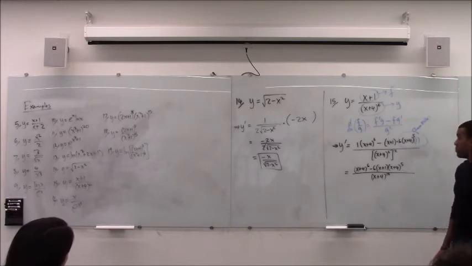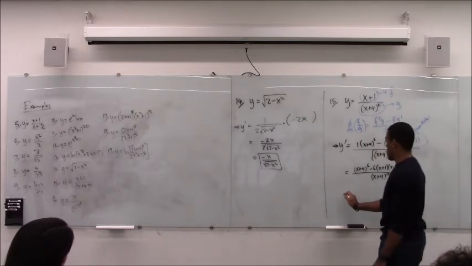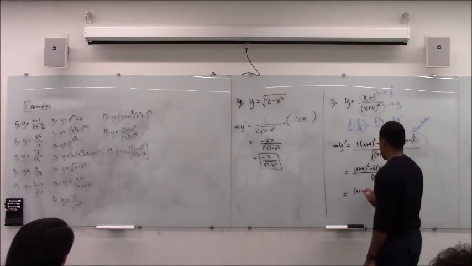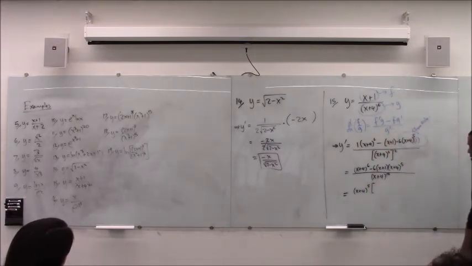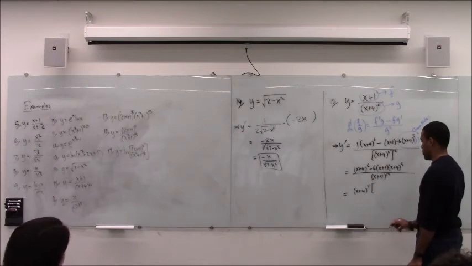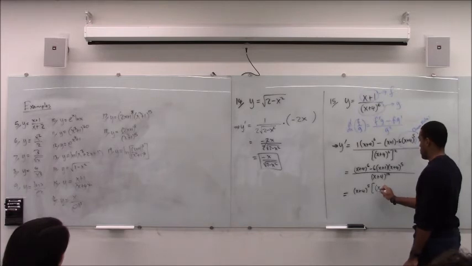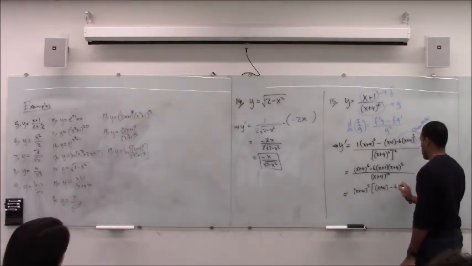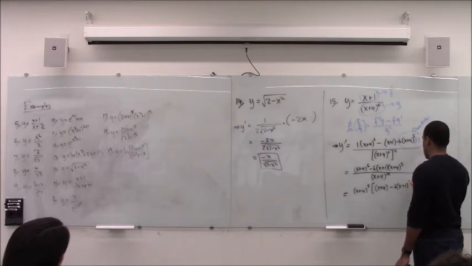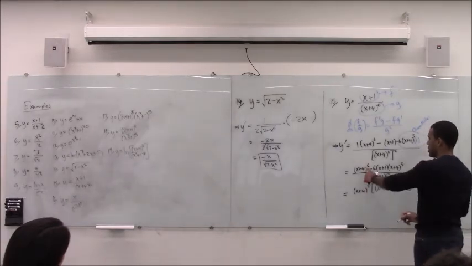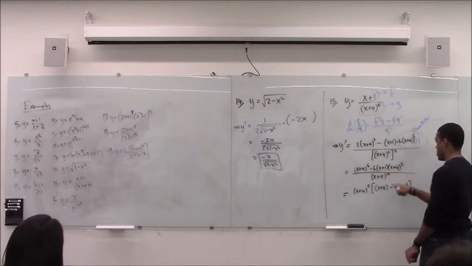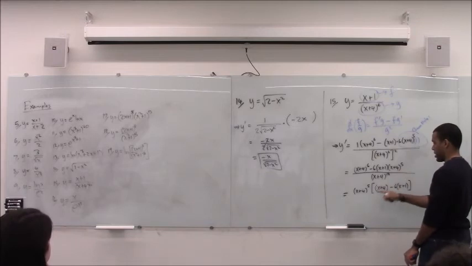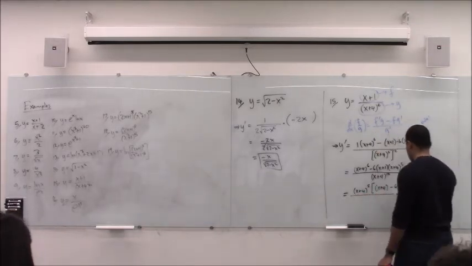On the top, we factor out (x plus 4) to the 5th. You factor out the common term to the lowest power to which it appears. What would we have left over? x plus 4 minus 6 times (x plus 1). There were 6 factors here. We pulled out 5, so there's 1 left over on the inside. There's a 6 (x plus 1) that we didn't do anything to, but we pulled out all 5 factors out here. So that's what's left over in there.